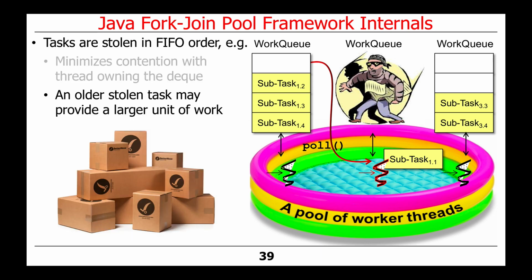Now, this is another important thing. The older stolen task may provide a larger unit of work. And if you think about how splitterators work with parallel streams, they start with the entire thing to do, and they split it in half, and then they go ahead and basically add that to the queue, to their deck.